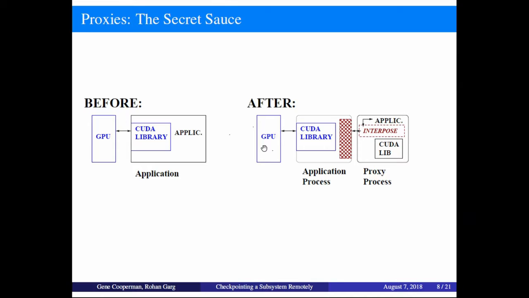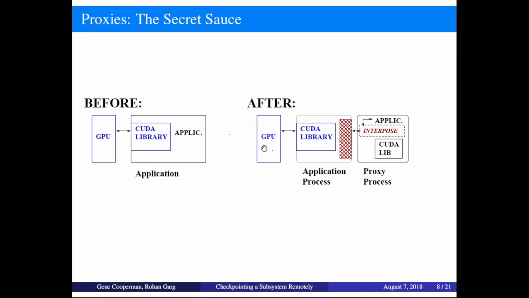Initially, let's take CUDA as our example, and we'll show the idea of how proxies are supposed to work. Initially, we would have an application with a CUDA library built in, talking to the GPU device. It's very simple. The only problem is when you want to checkpoint, where are you going to cut the line? You cannot checkpoint that GPU hardware.